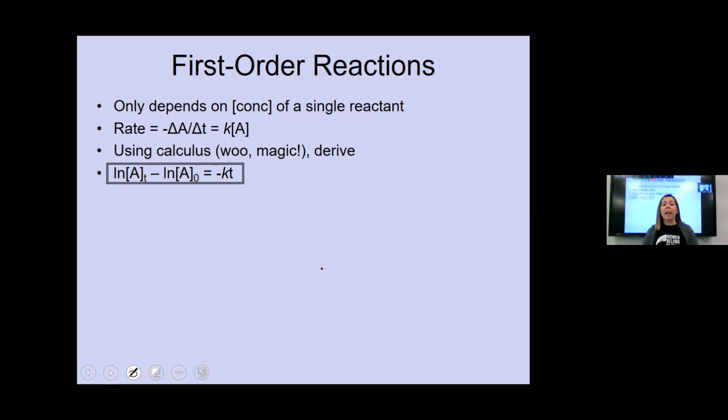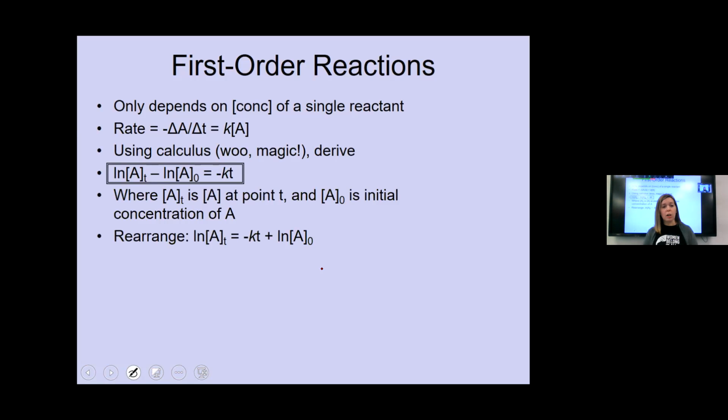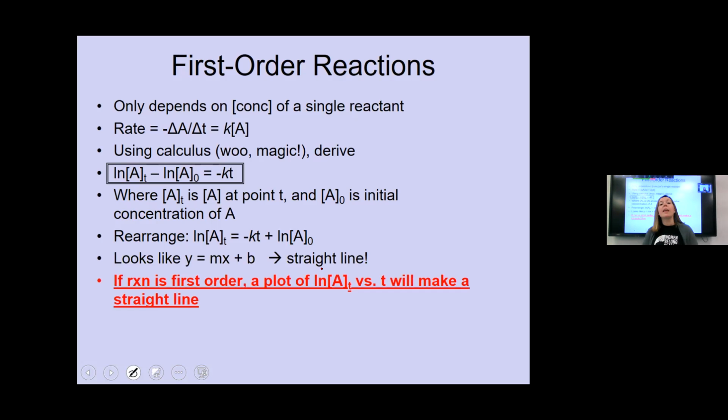And again, if our reaction is first order and we graph the natural log of A versus time, it will produce a straight line. And that would then tell us that our reaction was indeed first order, and also that would give us the value of K, our rate constant.